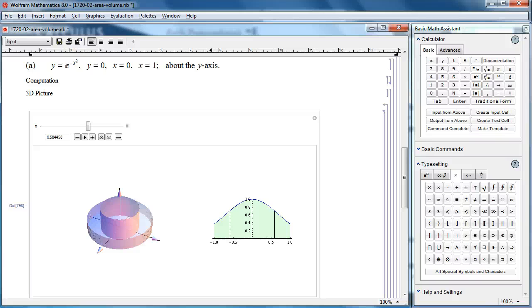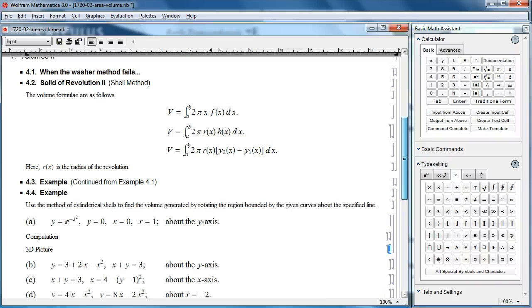The radius of that rotation is just the x-coordinate of this line segment. So we use the first formula here, 2 pi x f of x dx. As a matter of fact, we don't have to. It's just that in this general formula, radius r is just x, and height is just f of x.